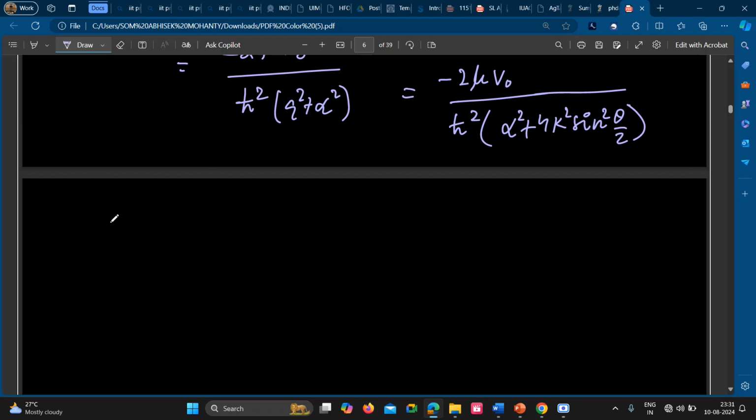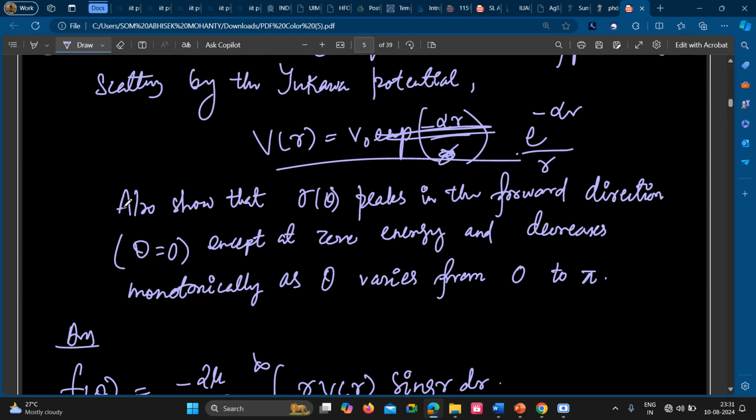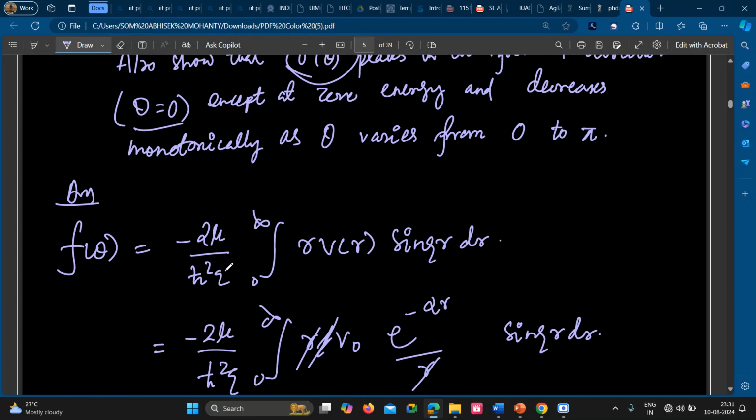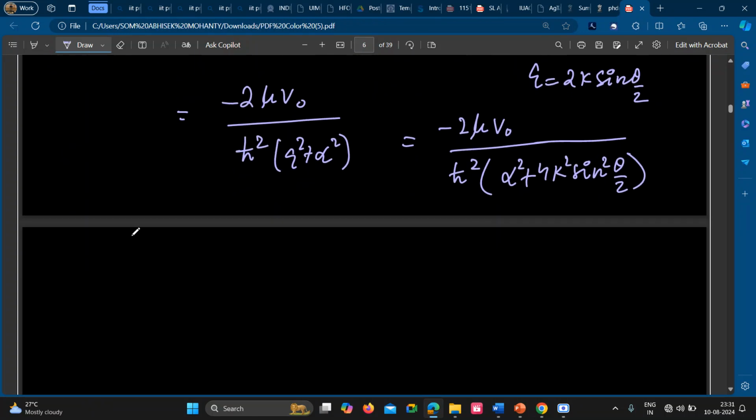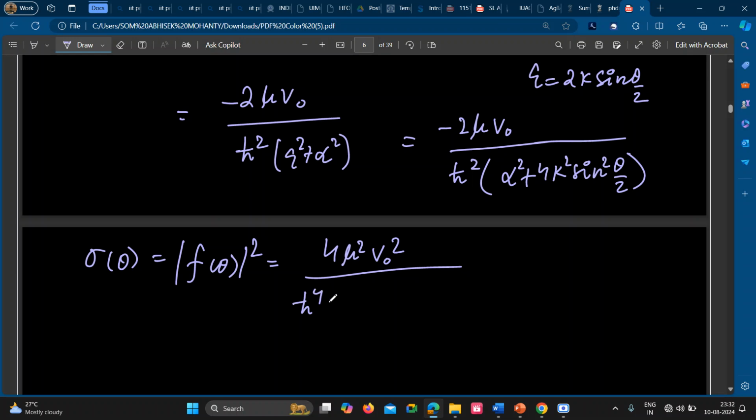Sigma theta is the square of the scattering amplitude, so it is 4 mu square V naught square divided by h cut fourth, alpha square plus 4k square sine square theta by 2, whole square. This is the expression for sigma theta.